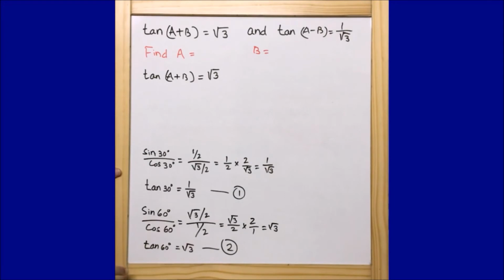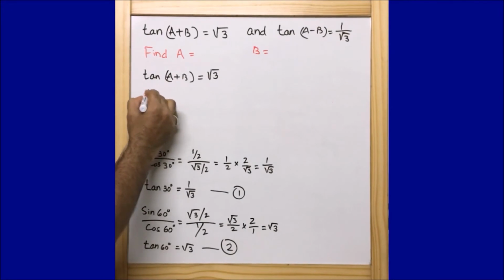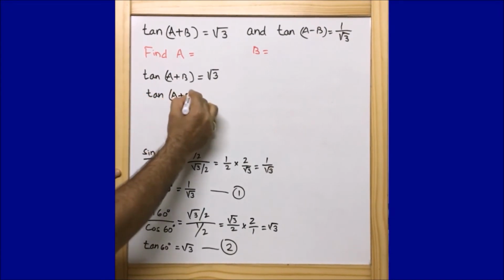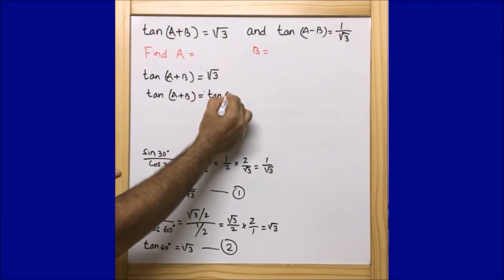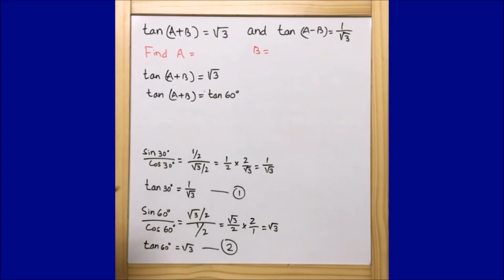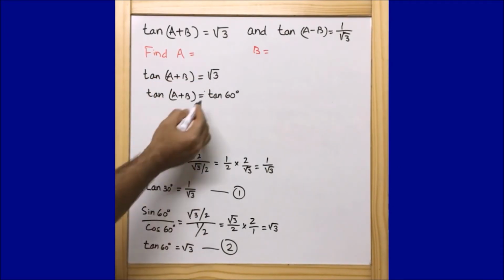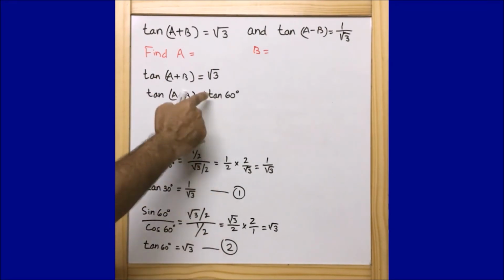So what I can write? I can write in other words tan(a+b) is equal to tan 60 degree. I believe till here we are pretty clear, because root 3 is nothing but tan 60 degree, just replacing tan 60 degree here from equation 2.